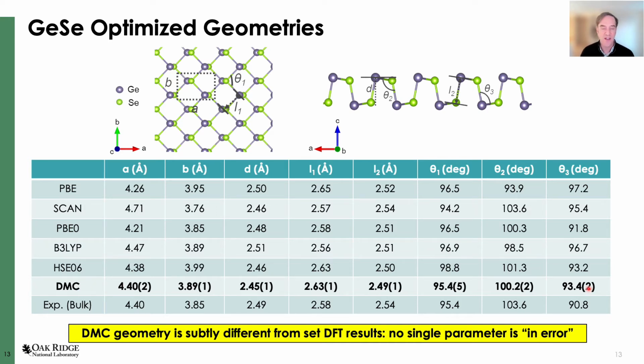The main point that I'd like to convey here is that we went looking to see if there was any one particular parameter that DFT approximations were having difficulty with. And the answer in this material, at least, is no. There's just a range of subtle differences across all these parameters.